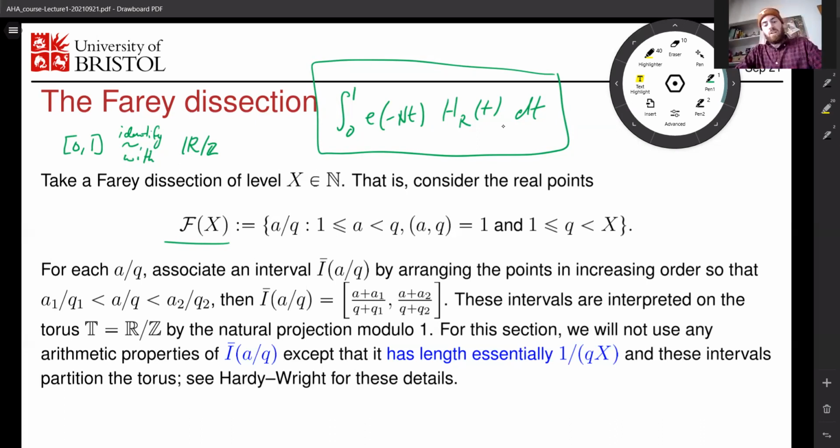You define your arcs as the projection modulo 1 of these intervals. So I take that Fourier sequence. Sorry, I just gave you a set. I didn't tell you how to make a sequence yet. So the set is all of those rational points.